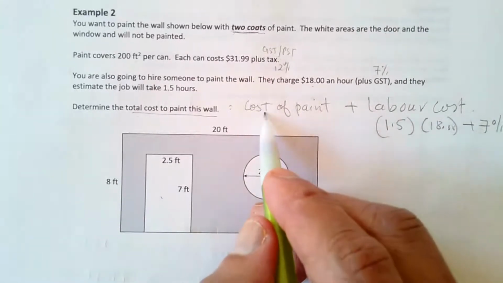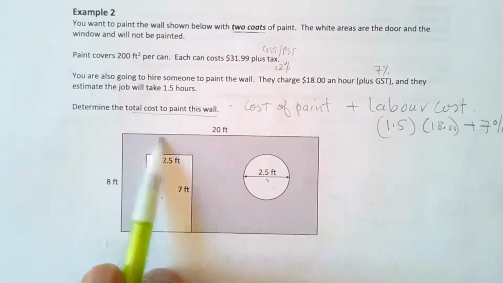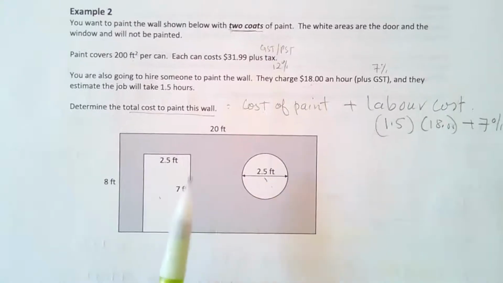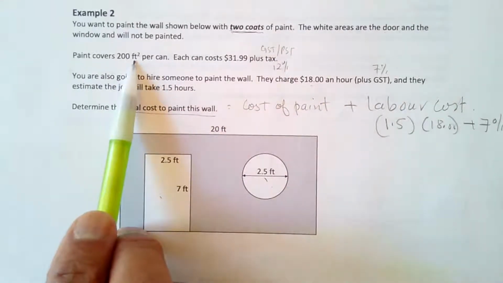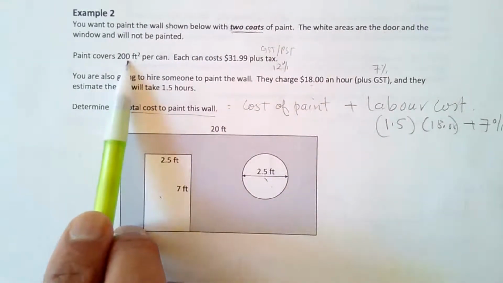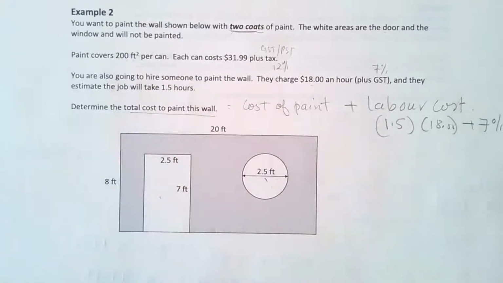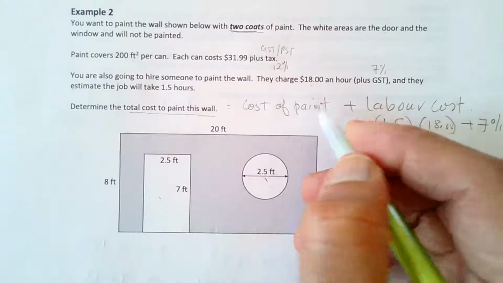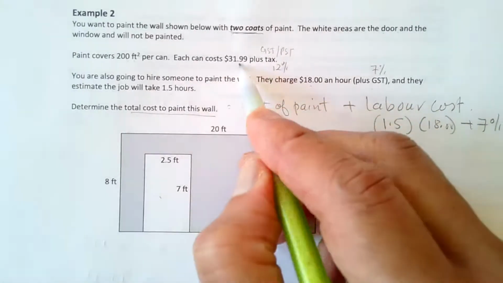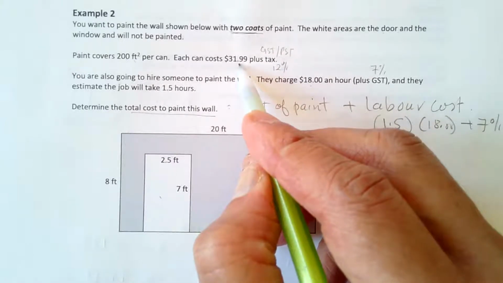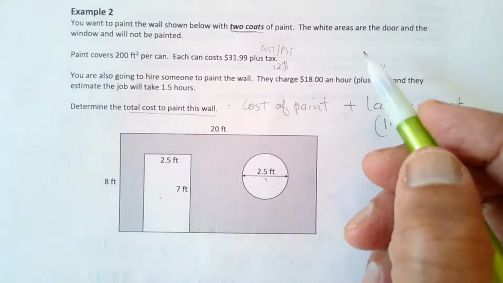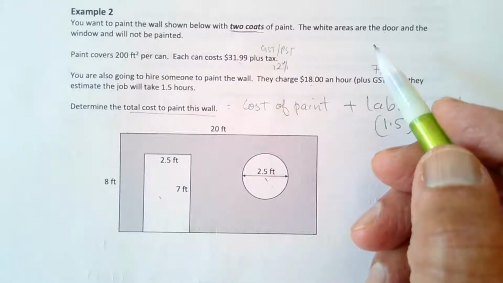Now the cost of paint will be the area to be painted times 2, divided by 200, because that gives you the number of cans of paint. So the cost of paint will be the number of cans of paint multiplied by $31.99 plus 12% taxes. So let's go about finding it.